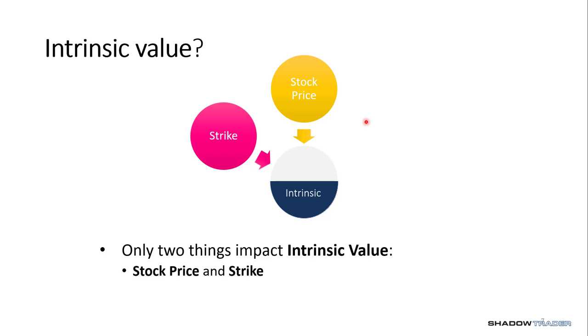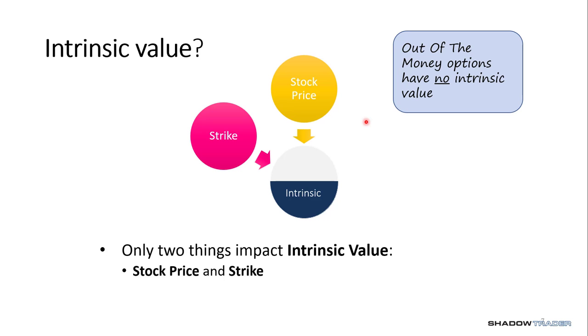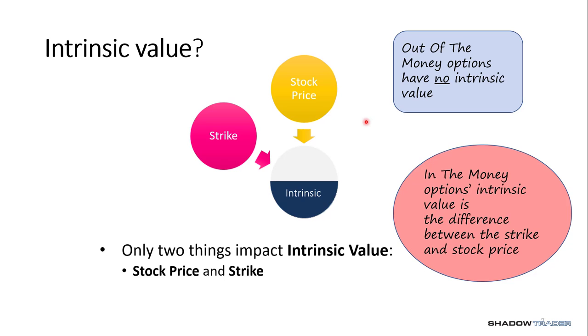Out of the money options have no intrinsic value. That means that your strike price doesn't give you any hard valuation when compared to the stock price. In the money options, the intrinsic value is the difference between the strike and the stock price. There's your calculation.